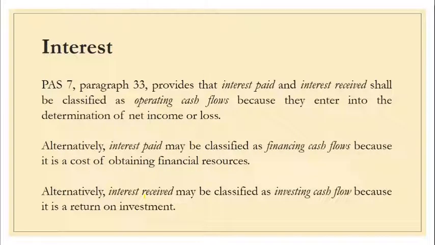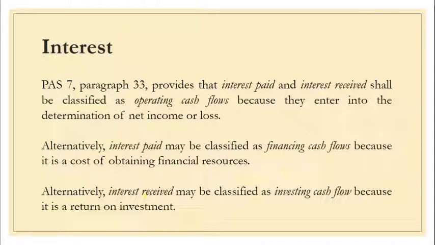Next, we have interest. Now, PAS 7, paragraph 33, provides that interest paid and interest earned shall be classified as operating cash flows because they enter into the determination of net income or loss. Alternatively, interest paid may be classified as financing cash flows because it is a cost of obtaining financial resources.